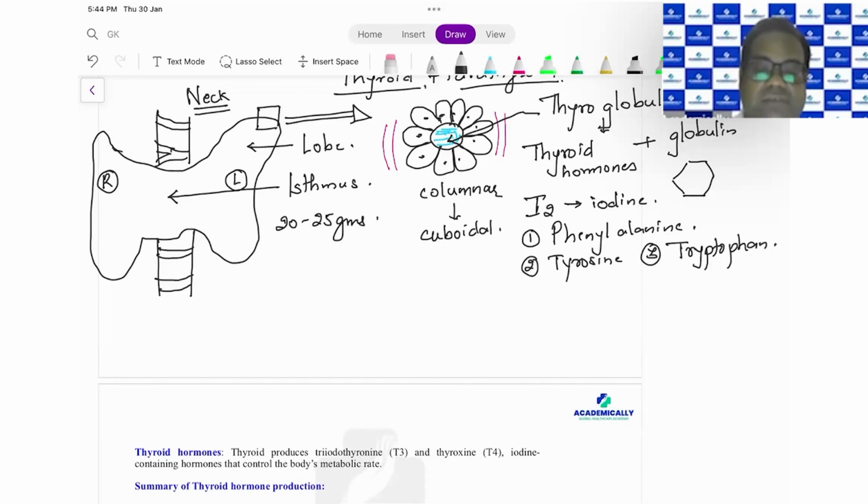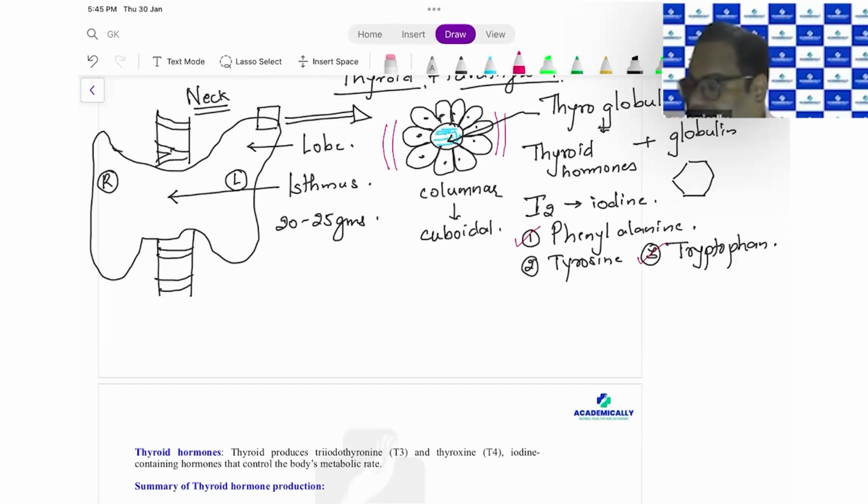The next question I've asked in the poll is which amino acids are essential amino acids? What do we mean by essential amino acids? Essential amino acids are those amino acids which cannot be made by the body. So which of these are the essential amino acids? Out of these, the essential amino acids are phenylalanine and tryptophan.